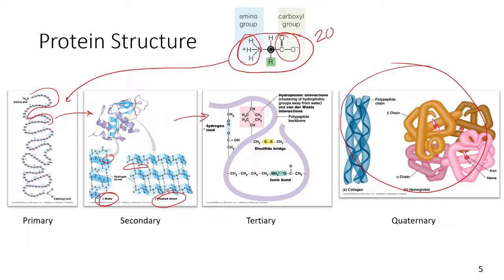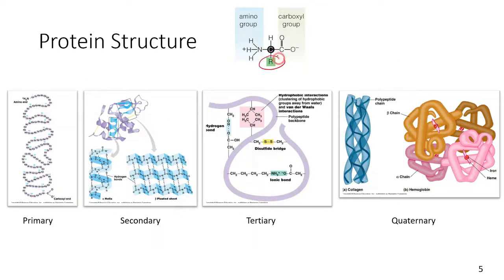Then we have further interactions, and these are mostly caused by interactions between these R groups. Remember, R groups are that part of the amino acid that is different, and so if we have two hydrophobic R groups on these distant amino acids, one of them here and one of them down here, they may wish to interact.